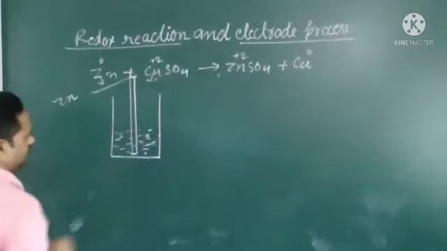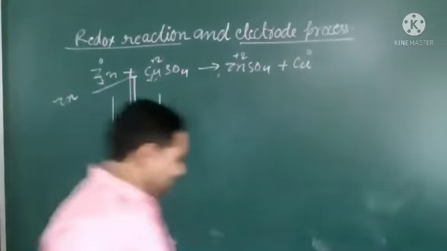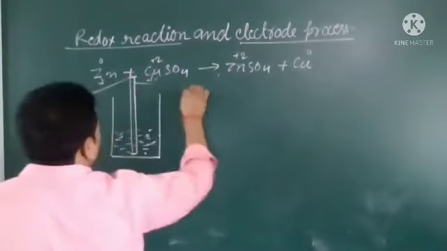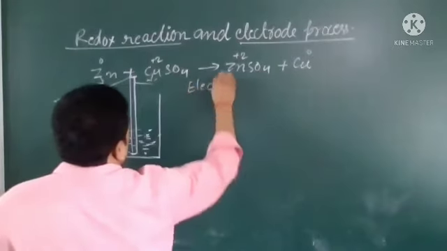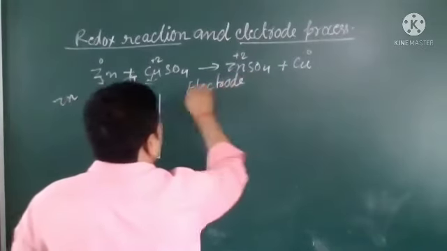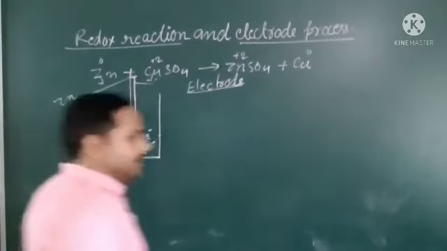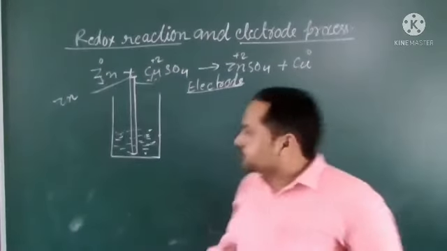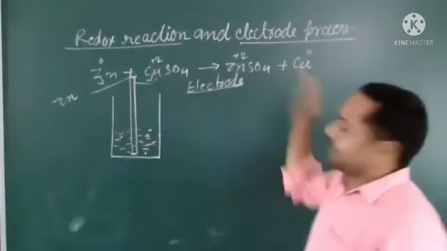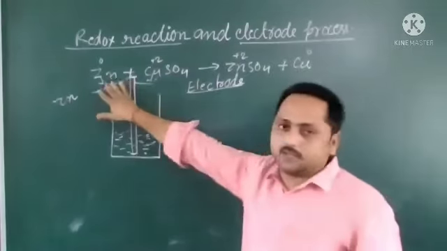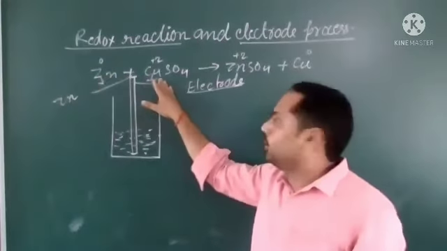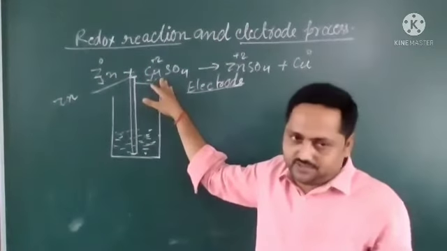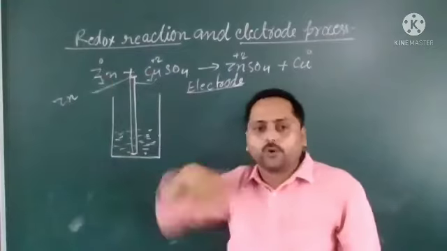One rod of zinc. This rod is known as an electrode. When we dip this rod in the copper sulfate solution, a reaction will take place: zinc displaces the copper from copper sulfate because zinc is more reactive.